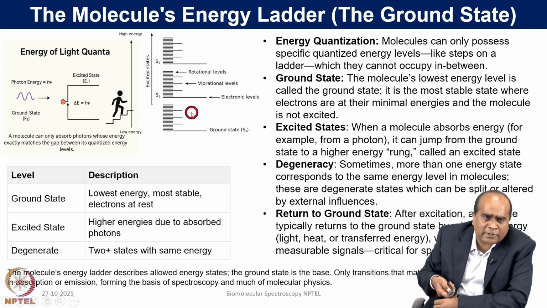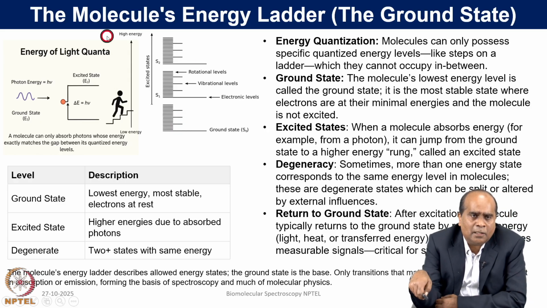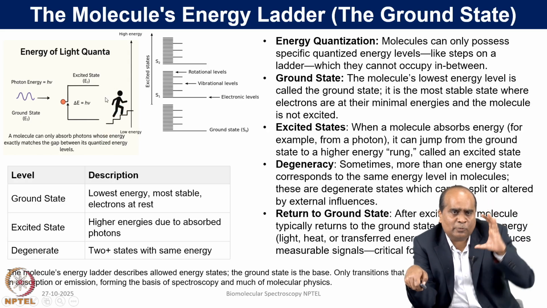It has to go from here to here, or here to here, whatever, as in various vibrational spectroscopy when we are doing it. It is like climbing a ladder, right. When we want to go from here to here, I require this much energy or this much leg space to go up.